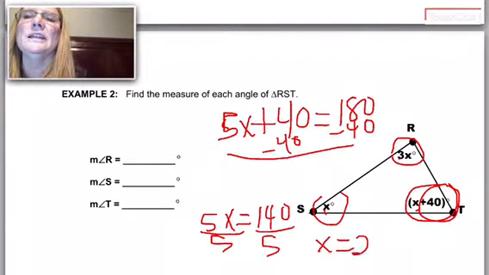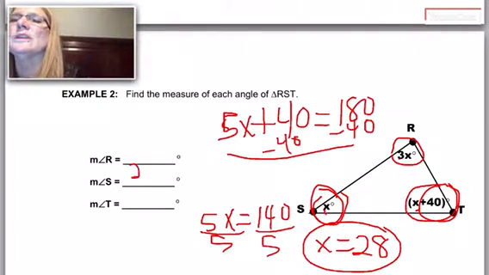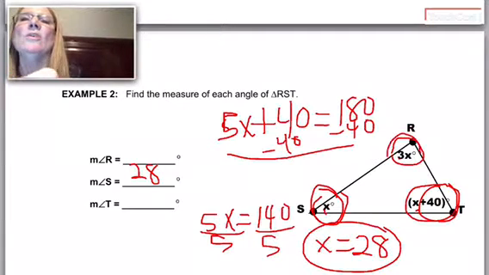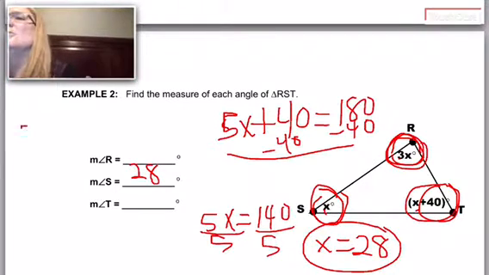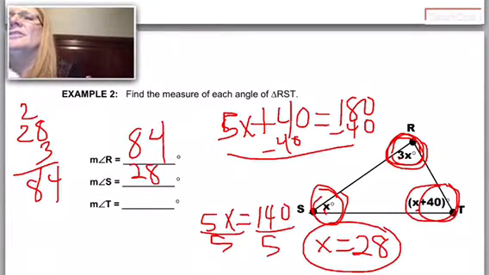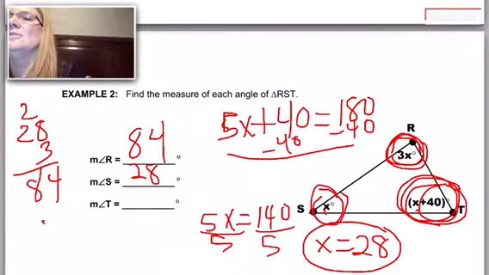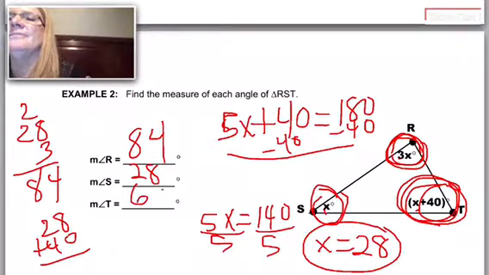So x is 28. But be careful, because in this problem they're not asking for x, they're asking for the angle measures. Well, S is x, so we know that that angle measures 28 degrees, but angle R is 3 times x. So 28 times 3 is 84, and then the last angle is x plus 40, so 28 plus 40 is 68.